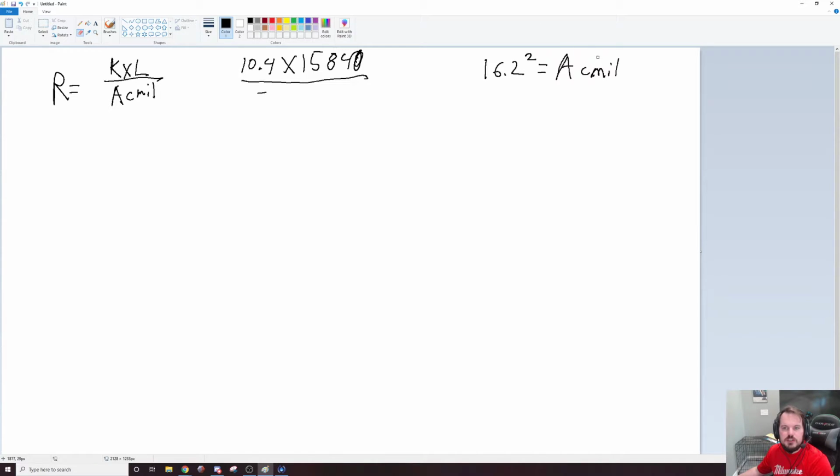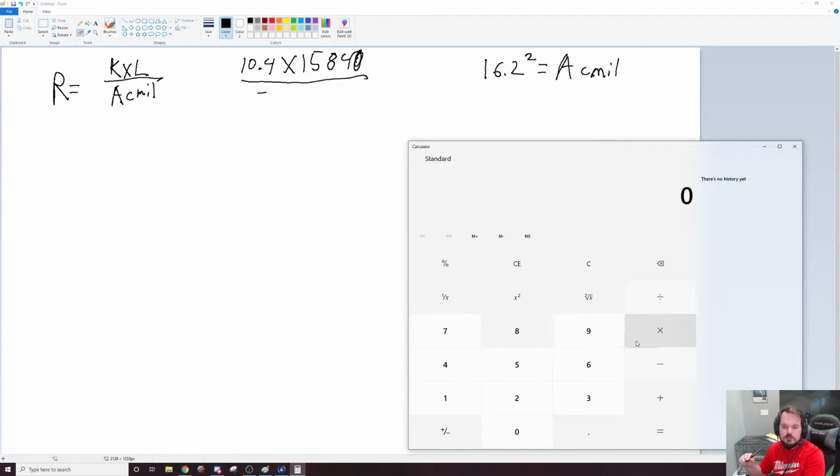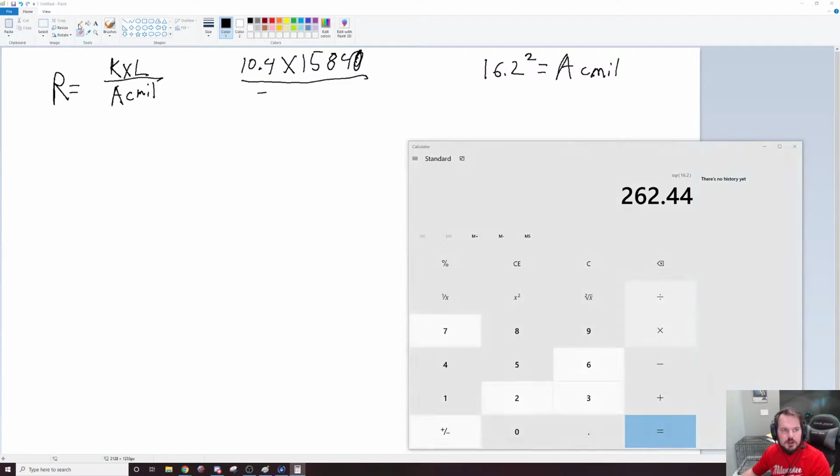So you can't just straight up take the 16.2. You have to take 16.2 and square it. So let's grab our calculator. 16.2 squared is 262.44. So now we're cooking.